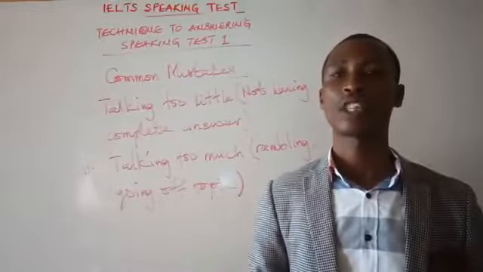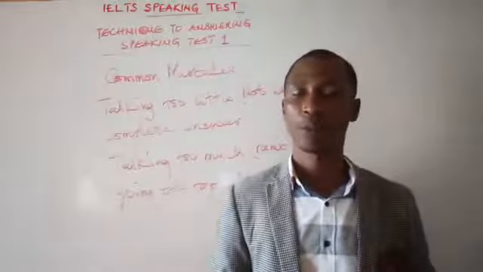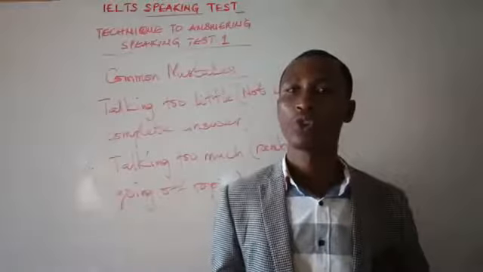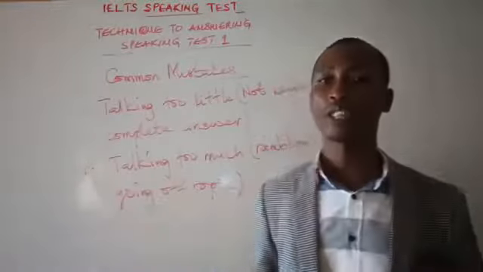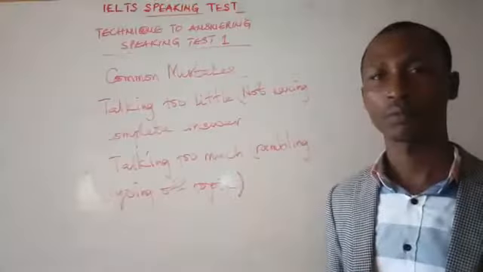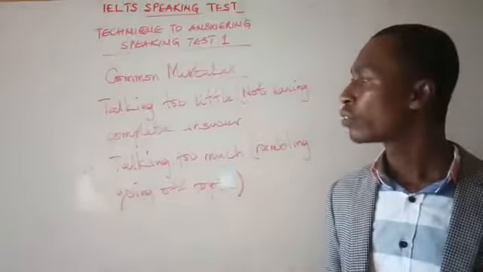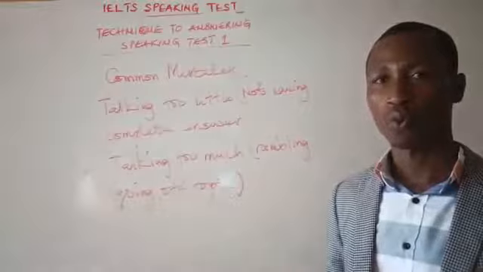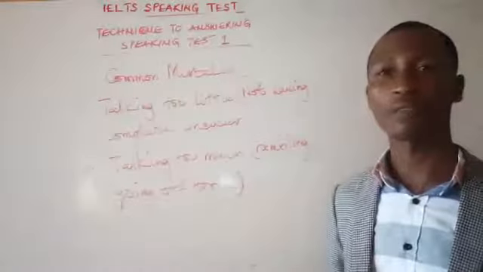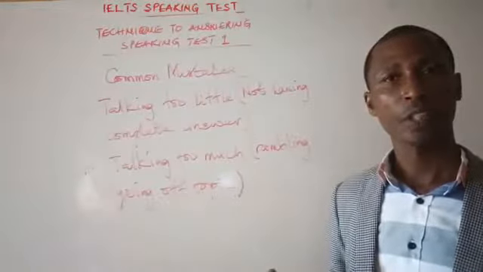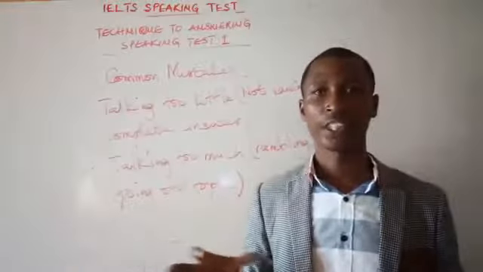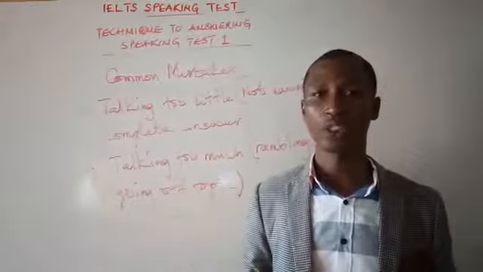The answer you have given is too little, because they want to know how effectively you can speak the English language, how you flow, looking at the fluency, how you cohere, that is the cohesion in your language, the linkage.